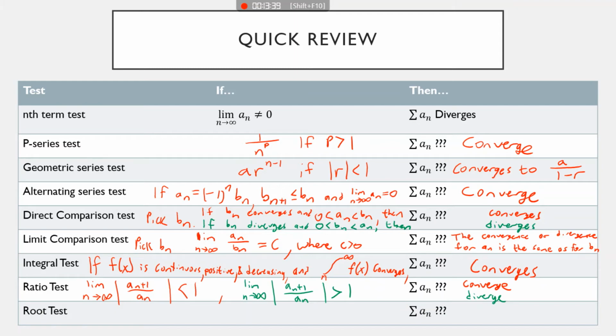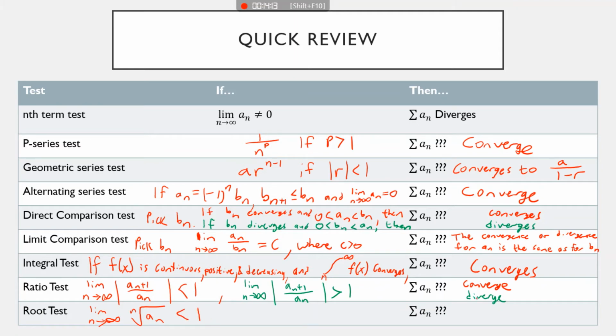Okay, the last one and the least common one. So I'm going to give you all of our conditions for this one, just because I don't think we've gone over any of the conditions really. The limit as n approaches infinity of the nth root of a to the n ends up being less than 1.